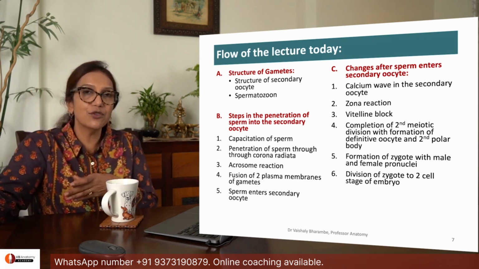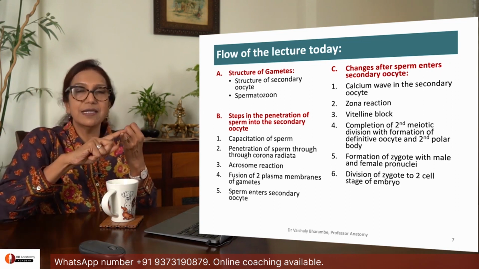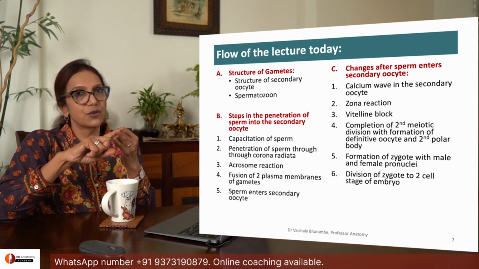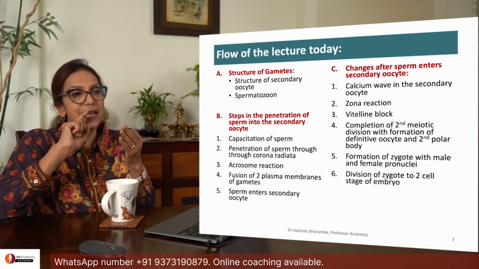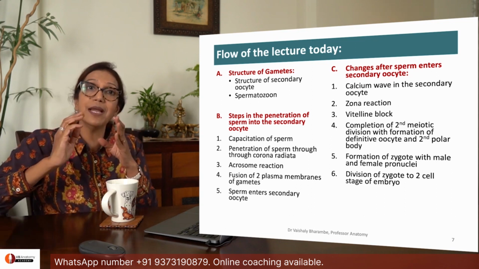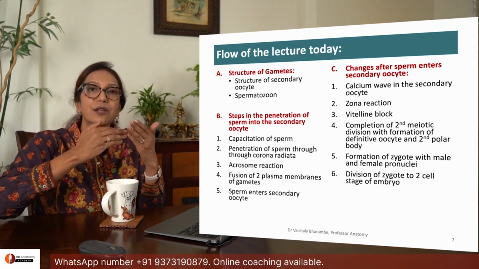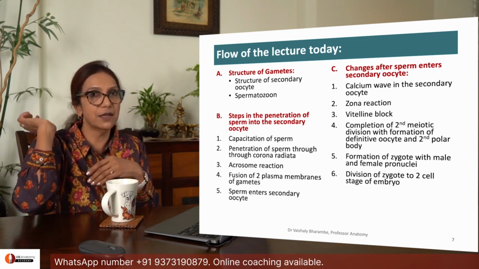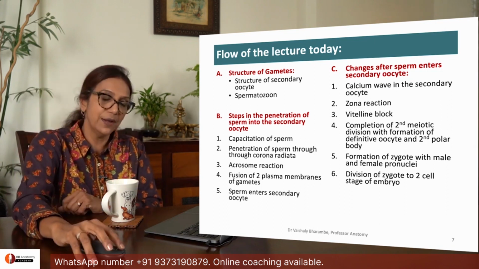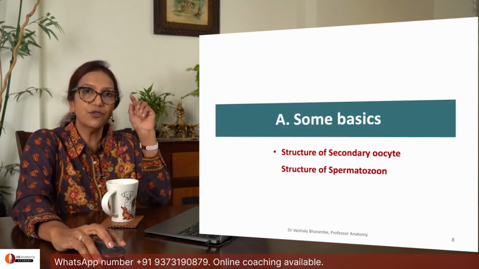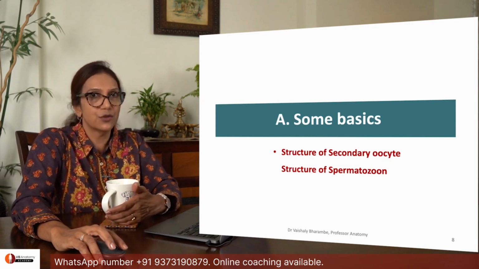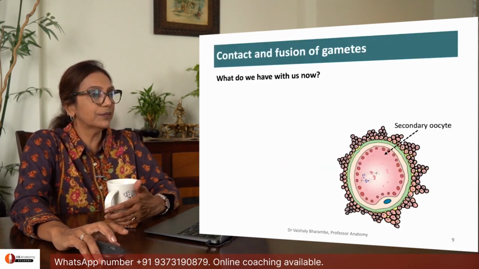So what is our lecture going to be like? First, we'll understand the structure of the oocyte and the structure of the sperm in brief. Then we'll talk about how the sperm manages to enter the oocyte. Then we'll talk about changes in the oocyte after the sperm has entered it.